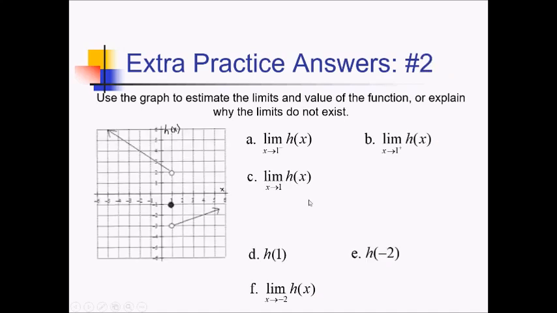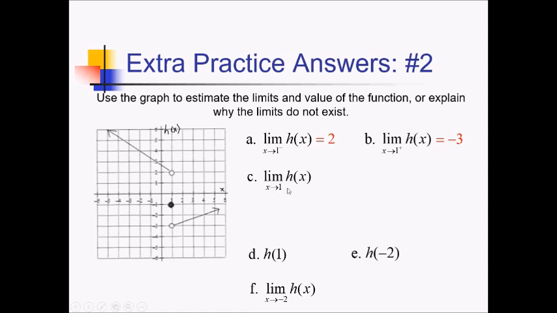For this problem, we're taking a look at the h function and trying to find various limits and function values. Part A, limit as x approaches 1 from the left side. Here's x equals 1. As we approach from the left side, we're heading toward the y value 2. So that's our left-sided limit. Part B, as we approach 1 from the right side, we're approaching the y value negative 3.